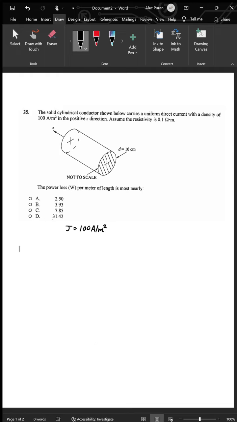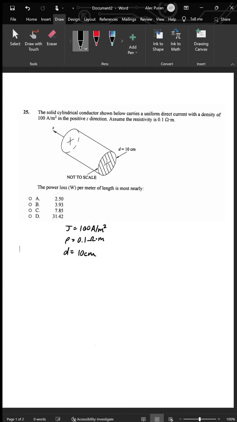We're also given a resistivity of 0.1 ohms times meters, and we usually denote resistivity as rho. Rho is 0.1 ohms times meters. We're also given a diameter. Diameter is 10 centimeters, so D equals 10 cm.